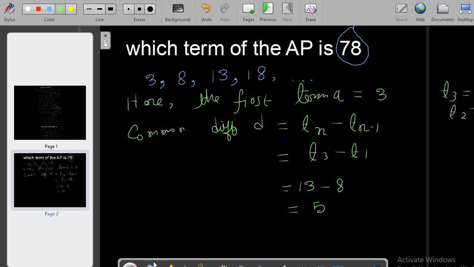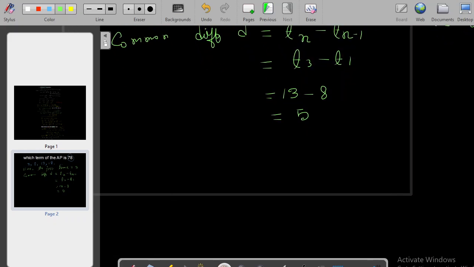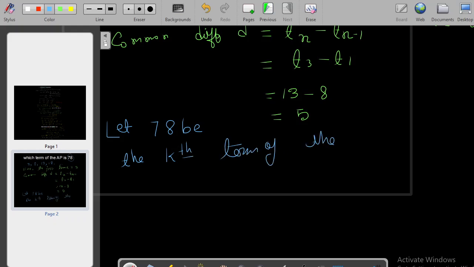Now we have to find out which term of the AP is 78. Let us assume first of all, let 78 be the kth term of the AP.